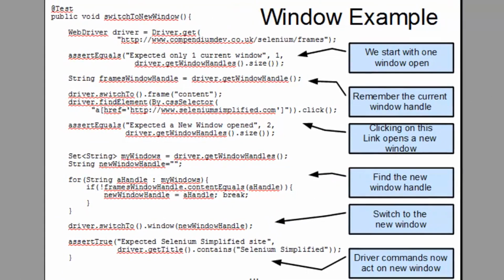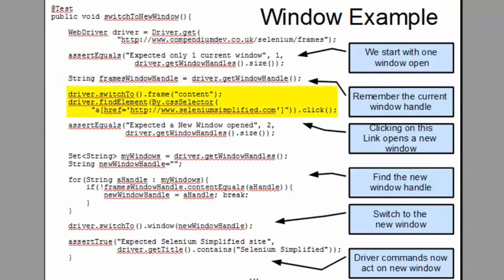So the window example I'll show you in code in a minute, but this one is annotated to draw your attention to certain parts. So we go to the Selenium frames page. When I issue getWindowHandles with only one window, I will retrieve a set that only has one handle in it. I'll get the same handle if I do driver.getWindowHandle, and it comes back as a string, remember, because it's that long GUID statement.